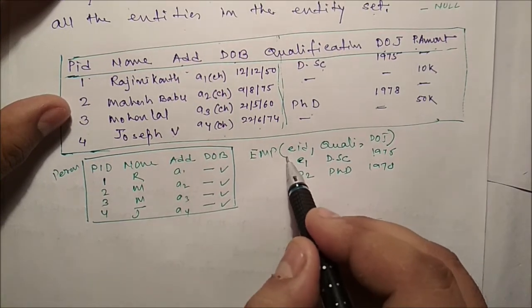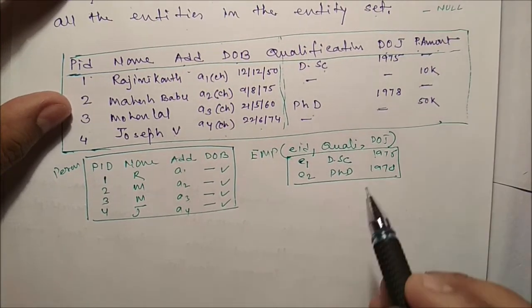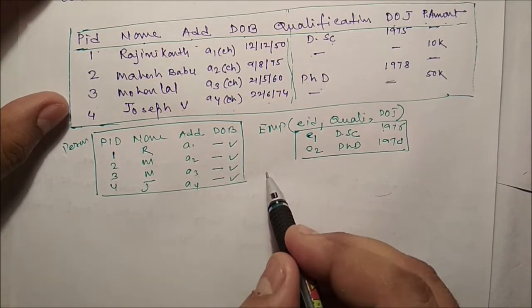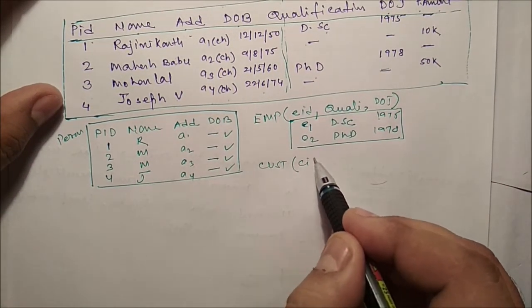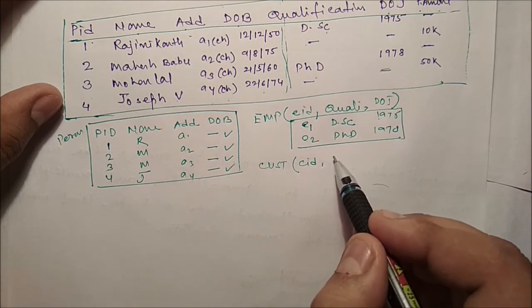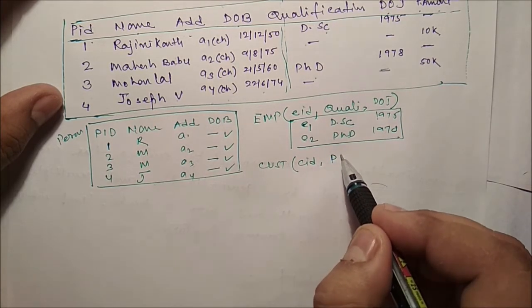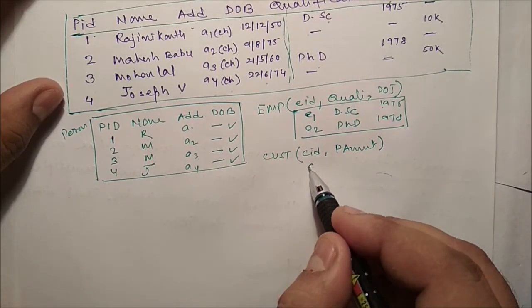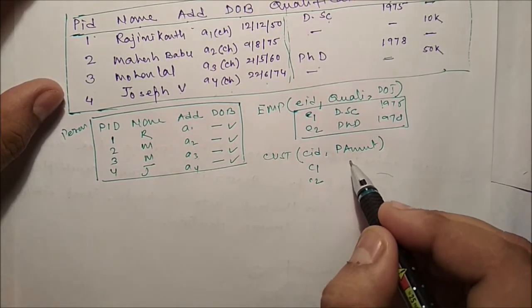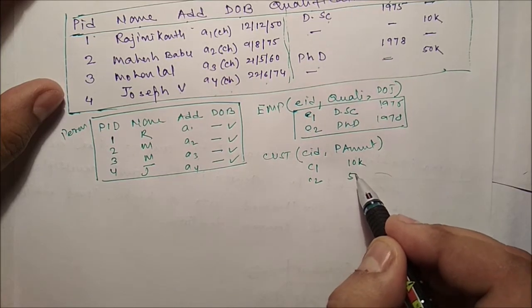This is our employee table. And there must be another table, the customer table. In this table, there is customer ID and the purchase amount. Say customer ID C1 and C2, and purchase amount say 10,000 and 50,000.